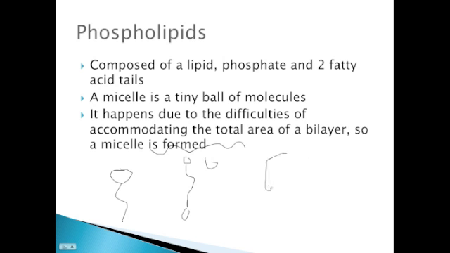If we look at the water from the top, imagine these lipids standing and this one upside down, floating around. Instead of that, they lay down and form a micelle. It's much easier to accommodate the area because it's laid down, and you don't have to accommodate the whole area of all of this part.